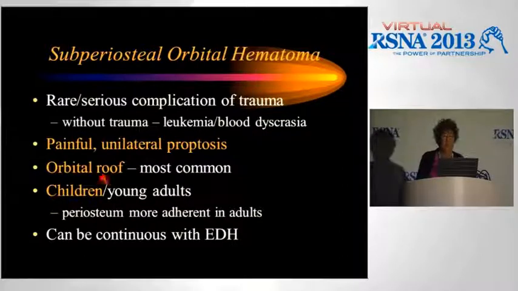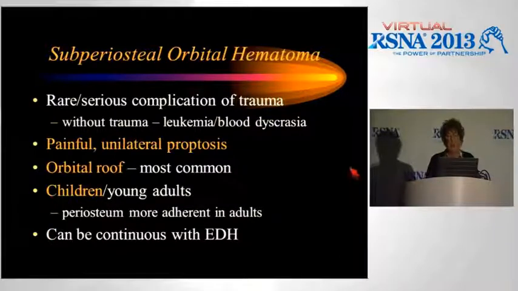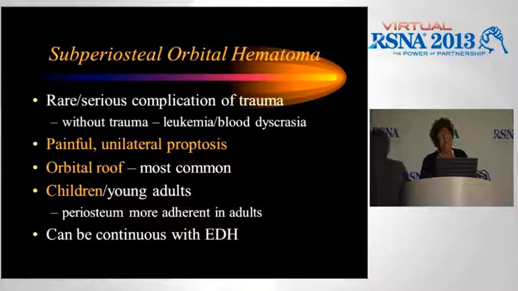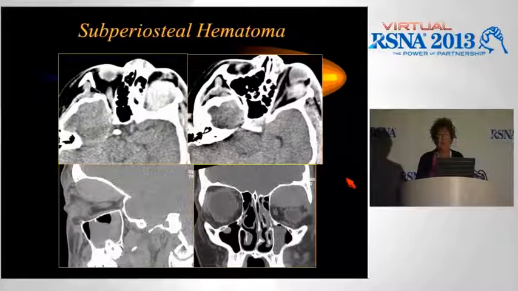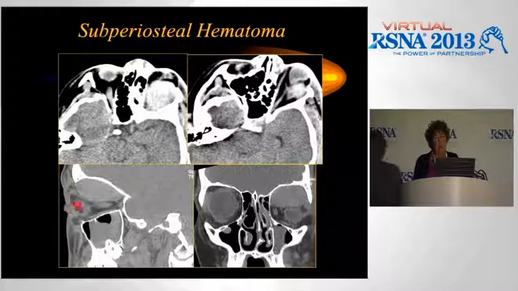Orbital roof is most common. Children and young adults are most commonly affected because in grown-up adults, the periosteum is more adherent. So it's in a relatively younger age group. And these can be continuous with intracranial epidural hematomas. So here we have a rather large mass emanating from the orbital roof.